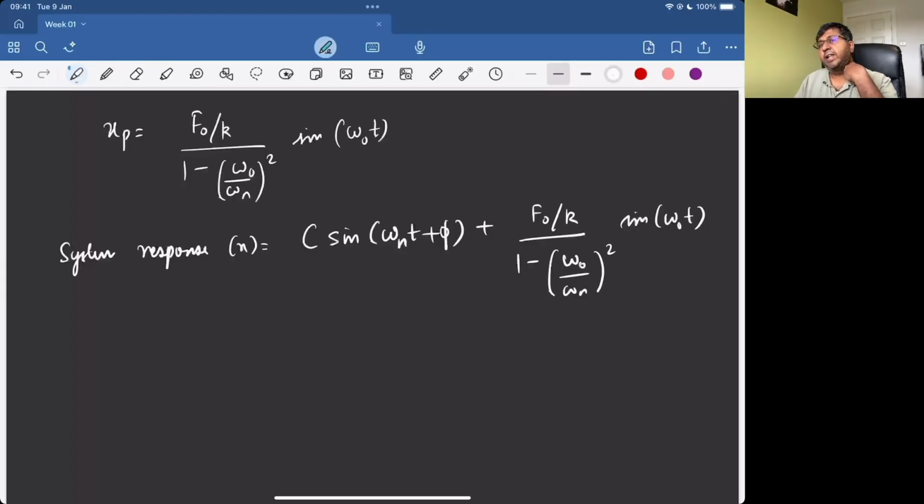So as the forcing function continues to be applied, we can say initially our complementary solution is only transient. As the forcing function continues to be applied, let's say till infinity, the solution stabilizes to our particular component, right?